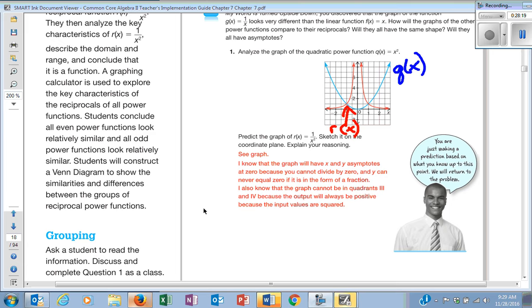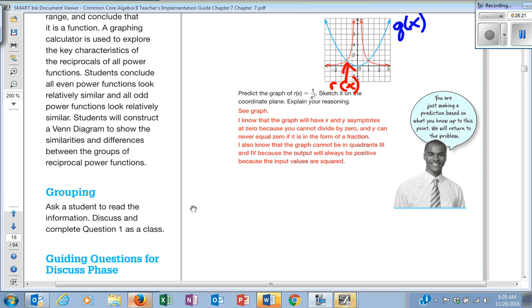Here, I know that the graph will have asymptotes at 0 because you cannot divide by 0. Again, for your vertical asymptotes, you're making the bottom 0. So if I put in x equals 0 in an x-y chart, I get an undefined.